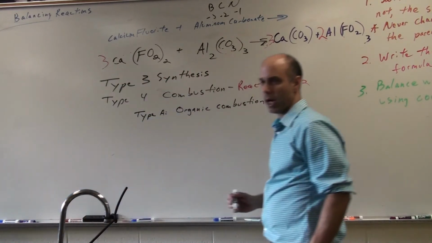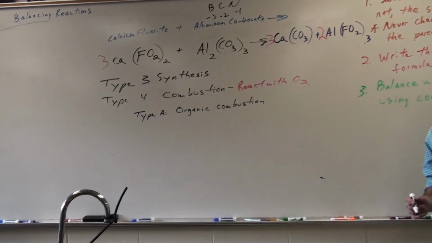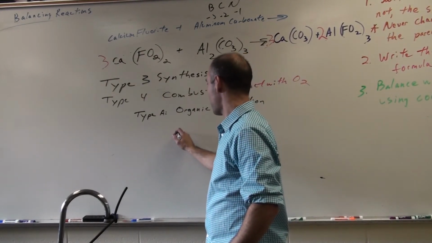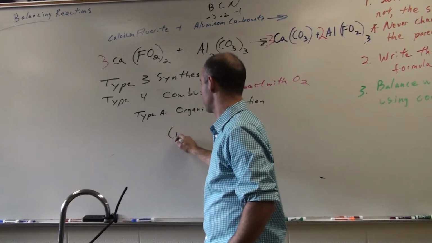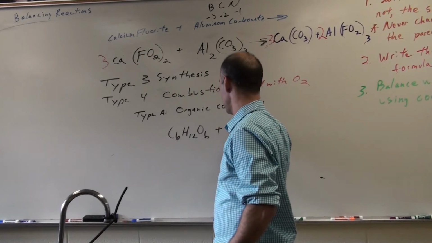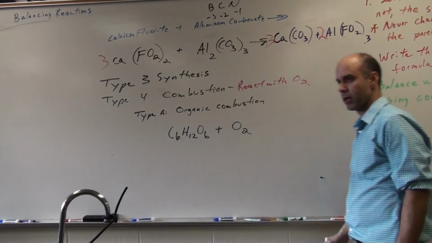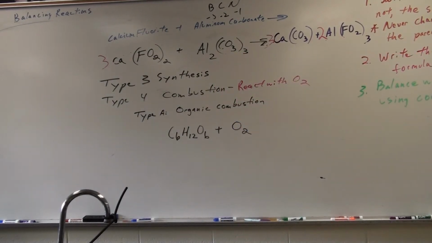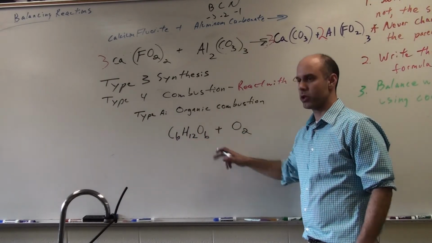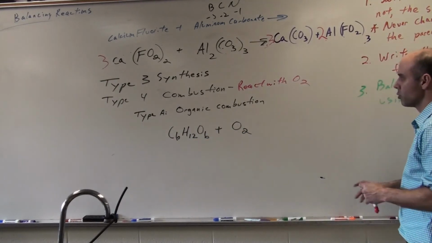Organic is when you've got carbon, hydrogen, or oxygen or nitrogen, essentially. So I'm going to take sugar and I'm going to combust it, meaning react with oxygen. So anytime you react with oxygen, it's combustion. If it's organic, you're always going to get two products out.